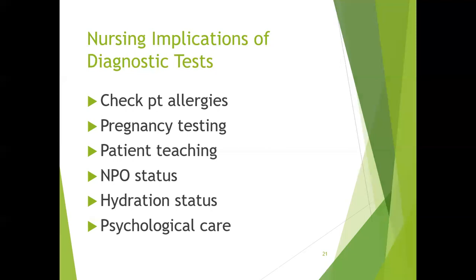Obviously, we don't perforate the upper GI quite as often as the lower GI is perforated, but regardless, it's important that we watch for the signs of perforation as a nursing consideration after any kind of scope procedure.